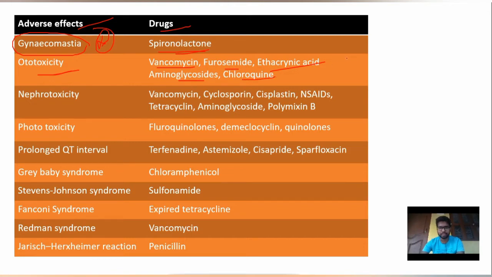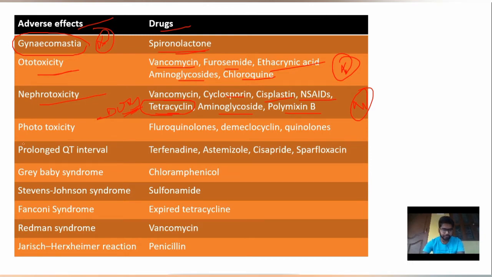All these drugs are ototoxic in nature. Then coming to nephrotoxicity: vancomycin, NSAIDs, cisplatin, cyclosporin, tetracycline, aminoglycosides, polymyxin B, all these are nephrotoxic. All tetracyclines are nephrotoxic except doxycycline. It is very important, remember this.